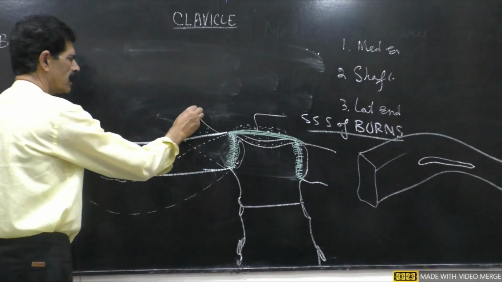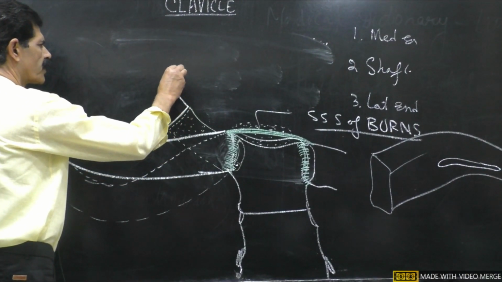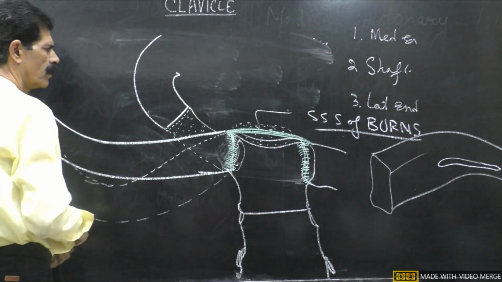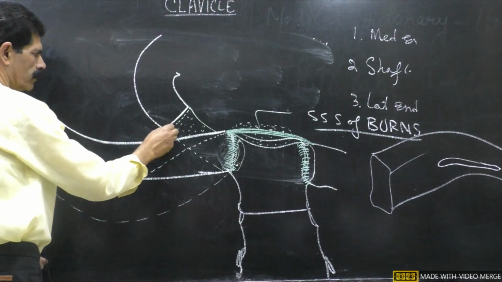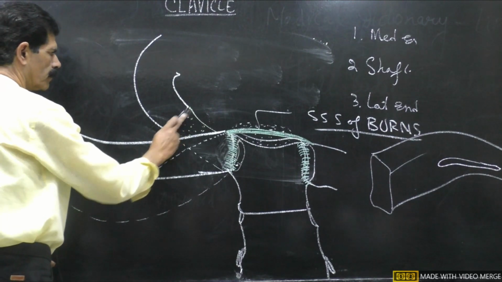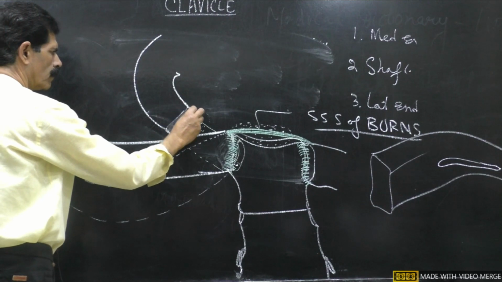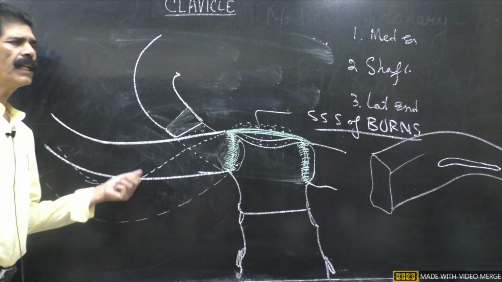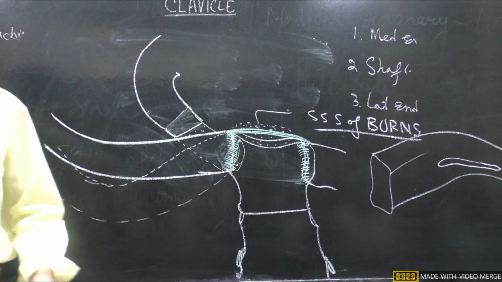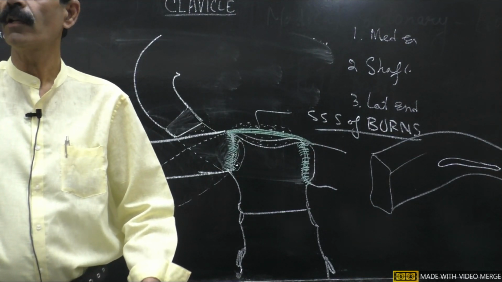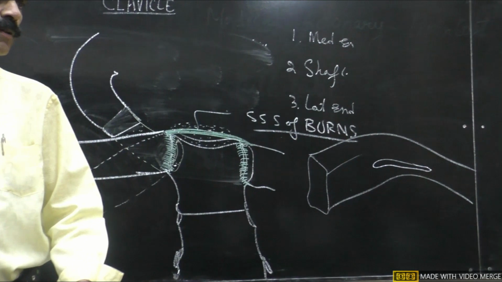Then this is the bony part of the first rib start. So the medial end of the first rib as well as the costal cartilage is hidden below the medial end of the clavicle, which is broad and quadrilateral.